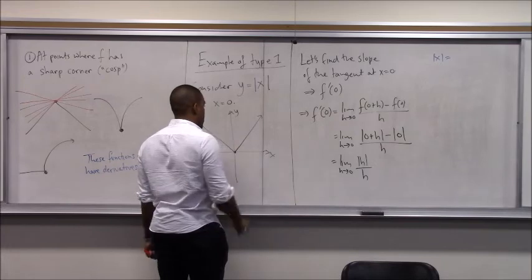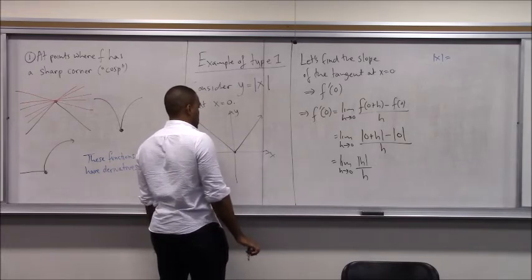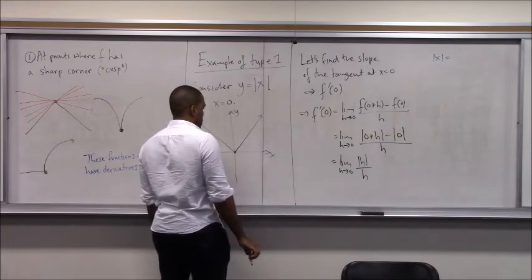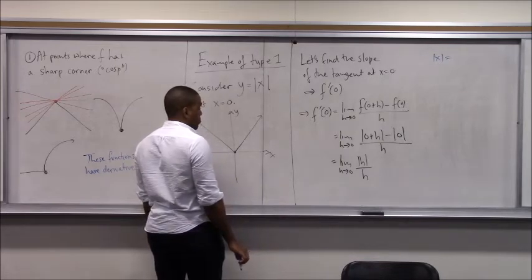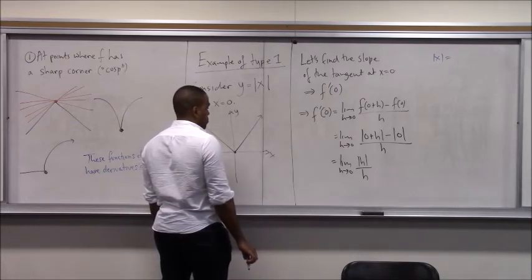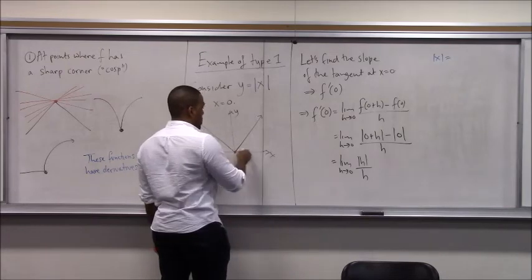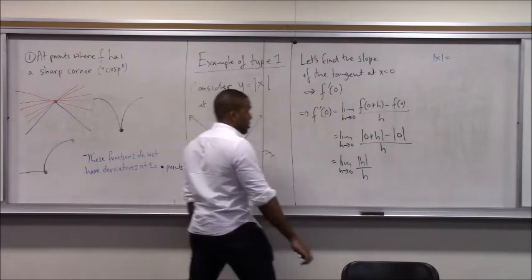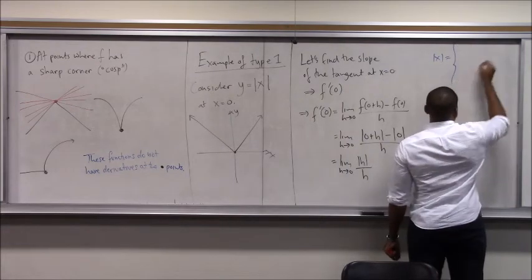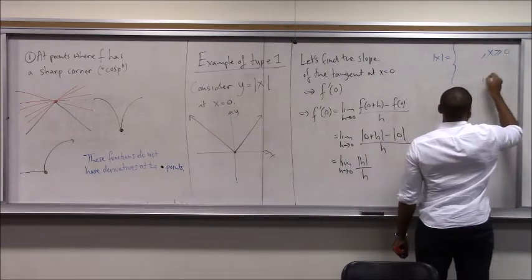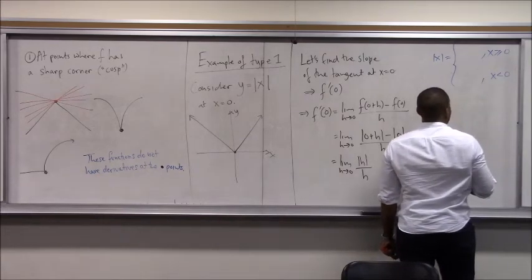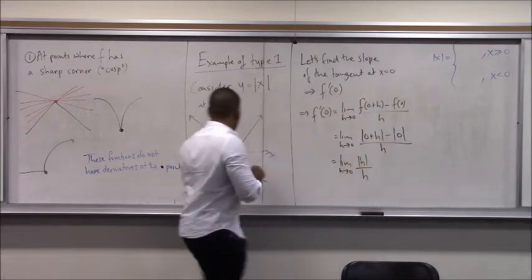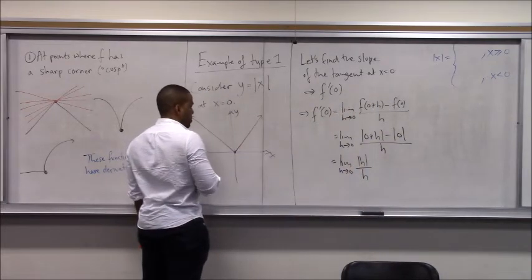It's one thing when x is greater than 0 and another when x is less than 0. So absolute value is a piecewise function. It tells you something when you're greater than 0 and something when you're less than 0. When we're greater than 0, what is the equation here?